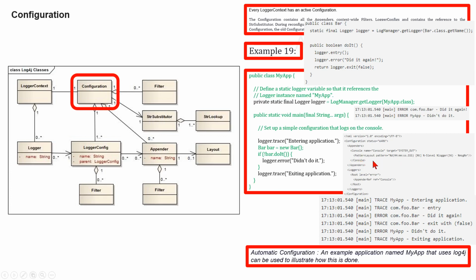Note that by default Log4j assigns the root logger to level ERROR. The output of MyApp would be similar to this.